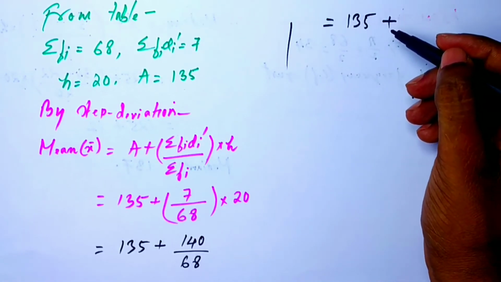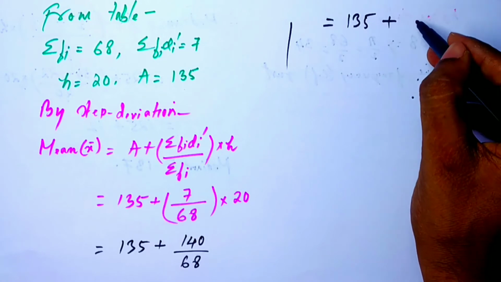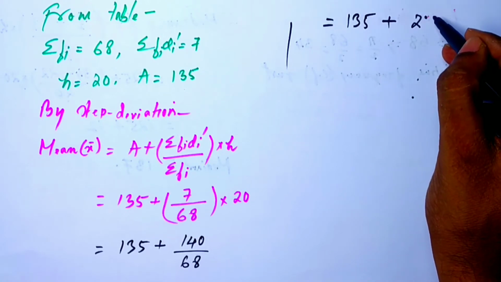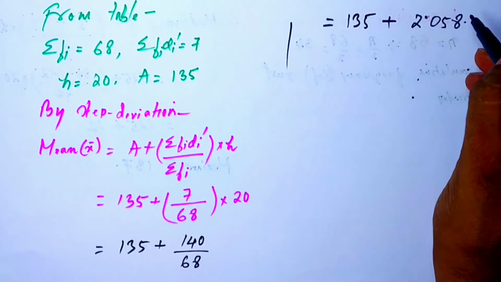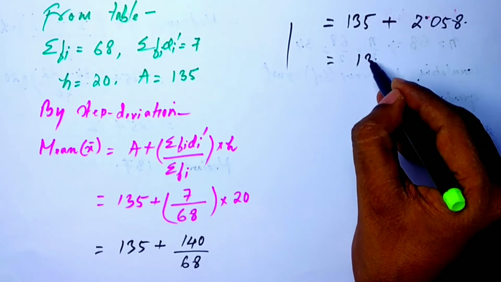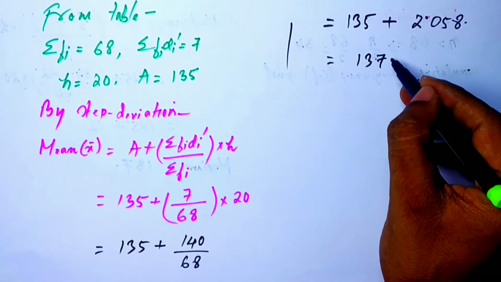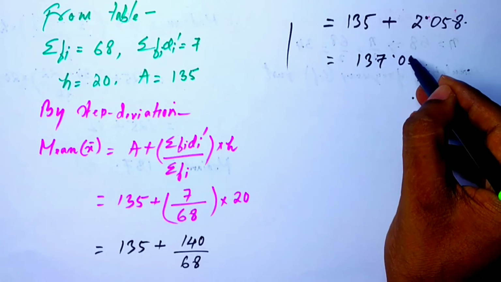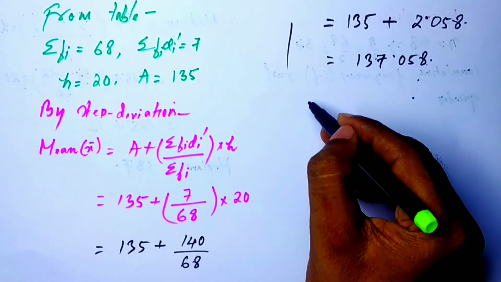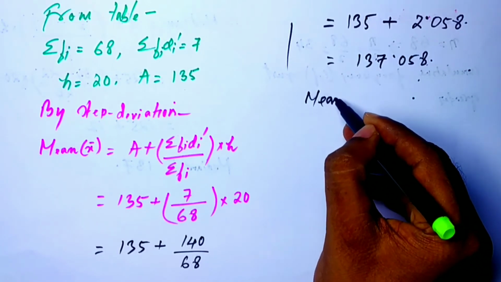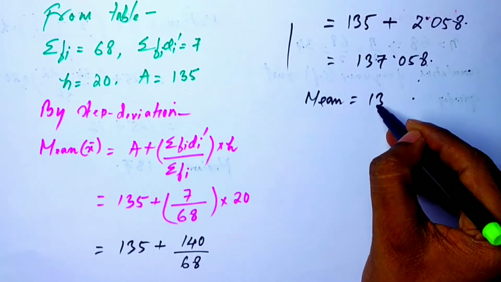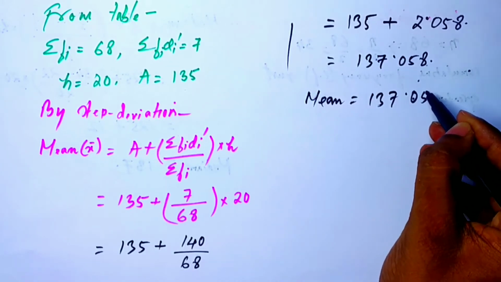If we divide 140 by 68 we will get 2.058. After adding we will get 137.058. So this will be our mean, 137.058.